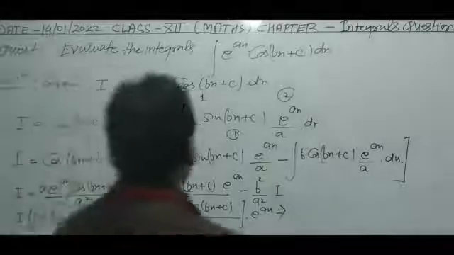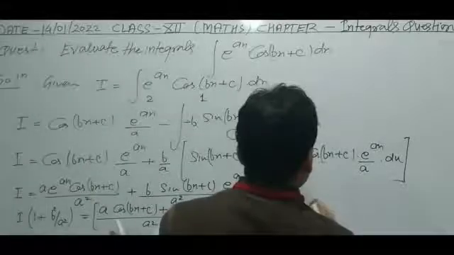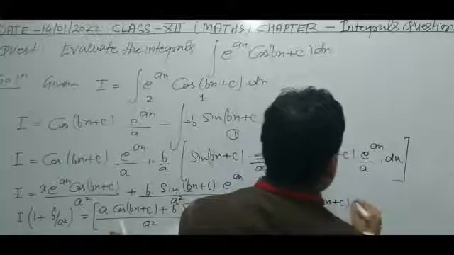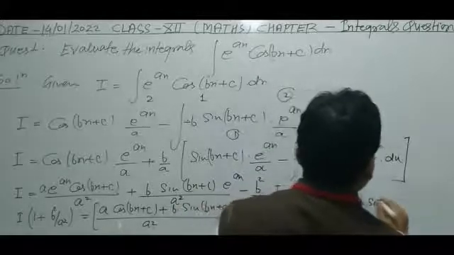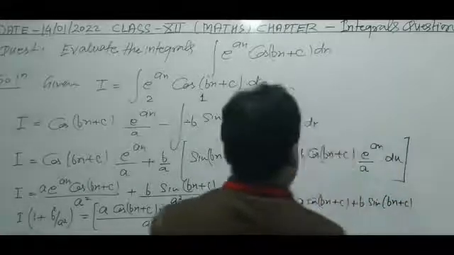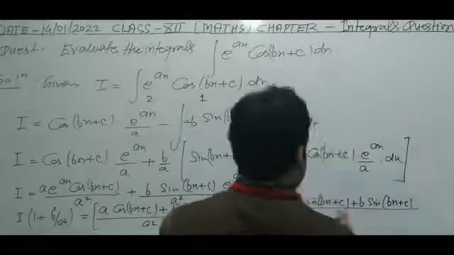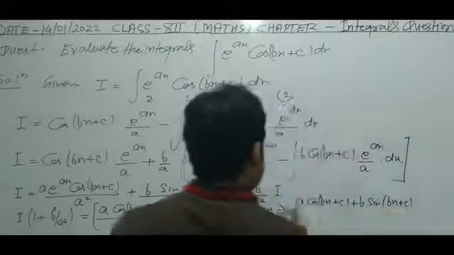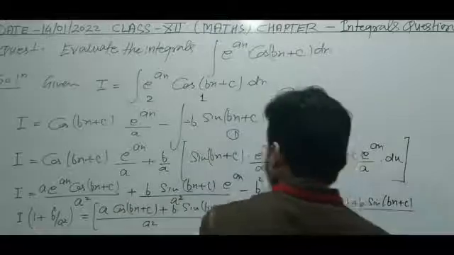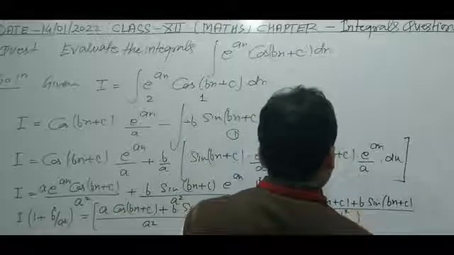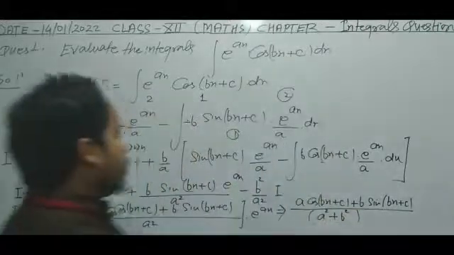a cos bx plus c plus b sin bx plus c, whole upon a square plus b square.